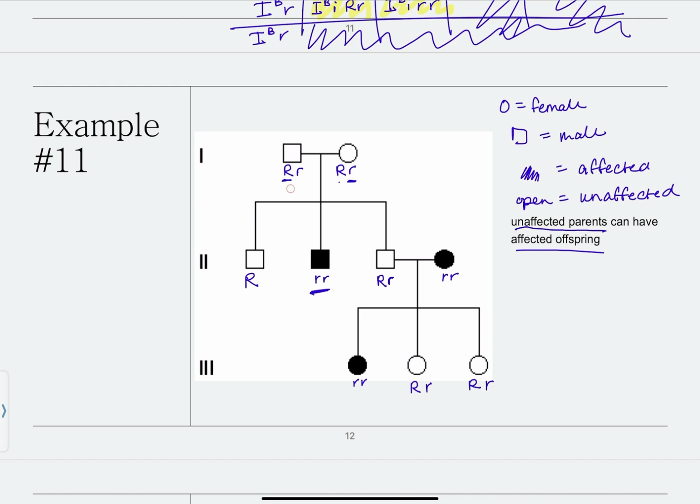So how we actually indicate that we're not entirely sure what the second allele is, you put an underscore. So we can, for certain, provide the genotypes for every other individual in the pedigree, except for this person here, which is okay. We know they have at least 1 dominant allele because they're not affected, and we're just going to write an underscore underneath for their genotype.